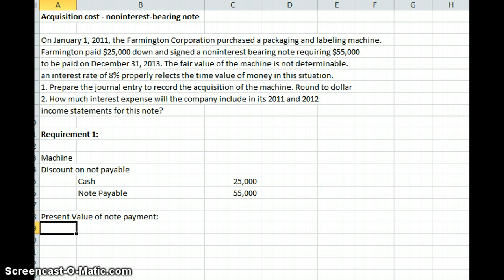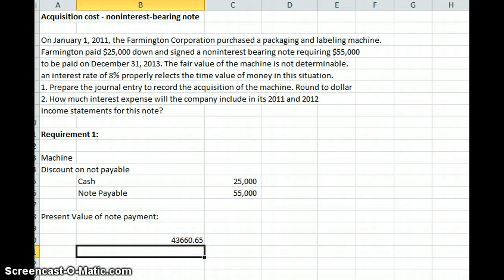We are going to use the present value of $1. You can look that up on your table, but I will save you the time and say it is equal to 0.79383. So that's our present value of $1, and we're going to discount that 55,000 note.